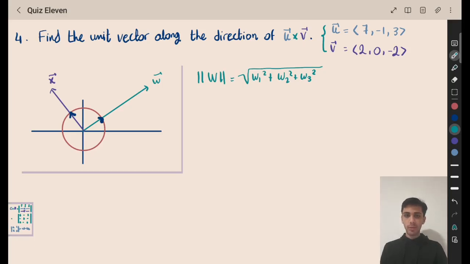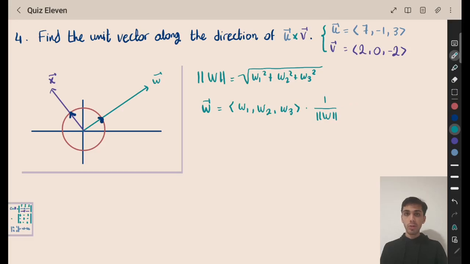What happens if I divide the components of this vector by its length? So what happens if I have this vector and I divide it by its length?